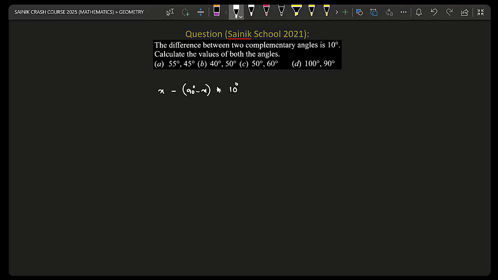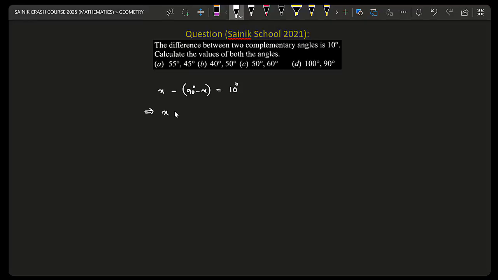Now let us try to find the value of x. So how to simplify this? Algebra, we learn simplification, addition and subtraction. Sir, we have to transpose 90. First you open the brackets, then transpose. So I want to open the brackets and before the bracket we have a negative sign.